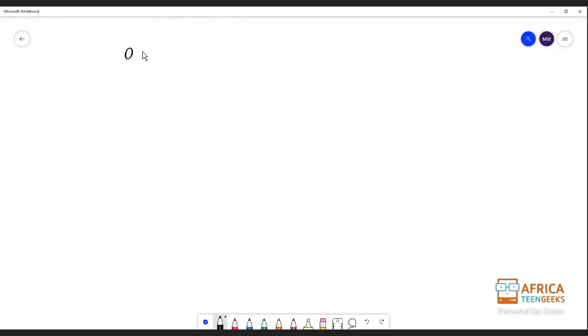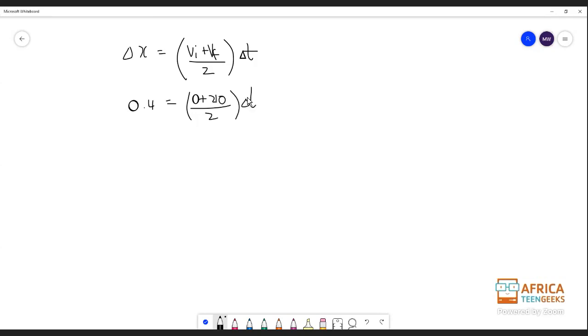So, change in distance is equal to initial velocity plus final velocity divided by 2, times change in time.